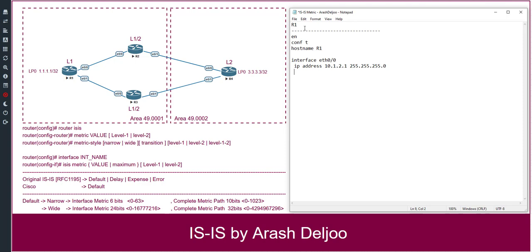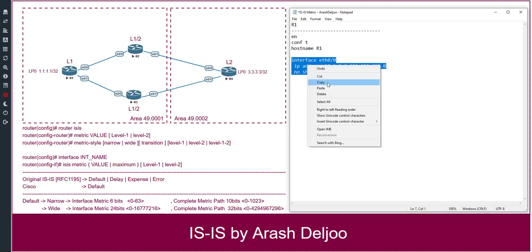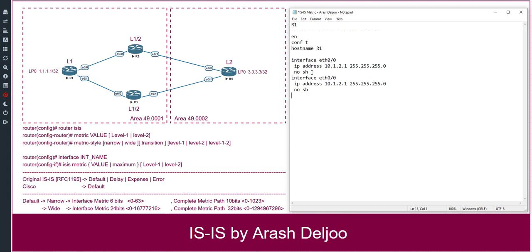After the IP address configuration, we should enable the interface. No shutdown. Then we need 2 other interfaces. The interface ETH0/1. This interface has the IP address of 10.1.31/24, 255.255.255.0. Okay, and after that interface loopback 0. This is the interface loopback 0 with the IP address of quad 1, quad 255.